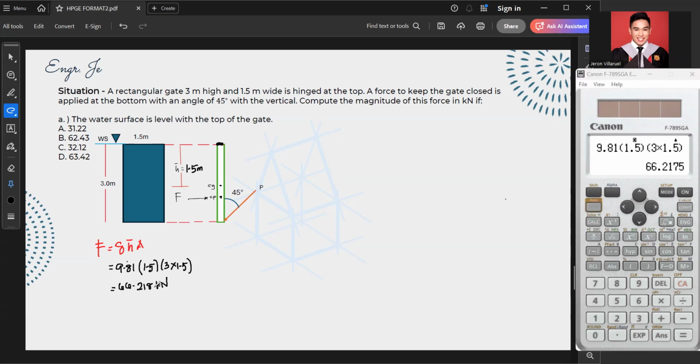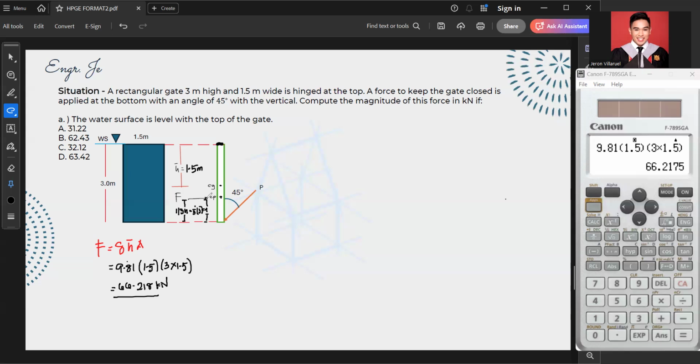So now we already have our hydrostatic force, and this is where it is located. We can solve it using the formula 1/3 height, and that is 1/3 times 3, which is equal to 1 meter from the bottom.